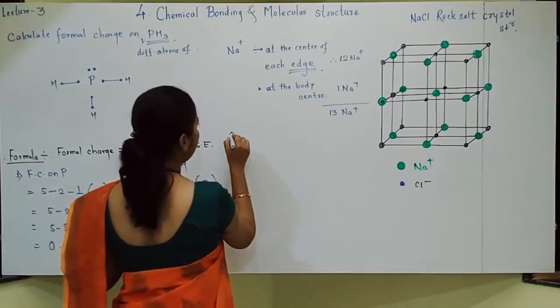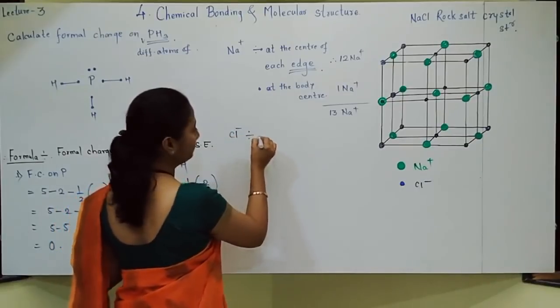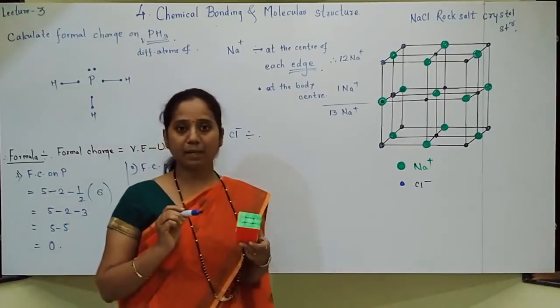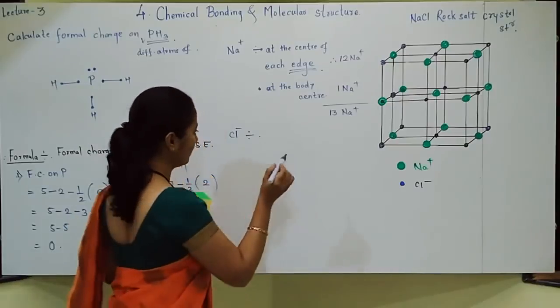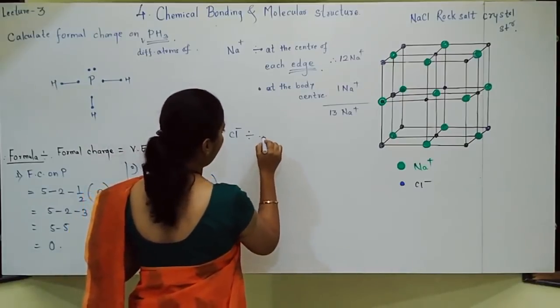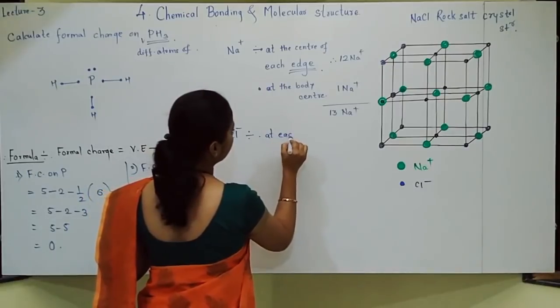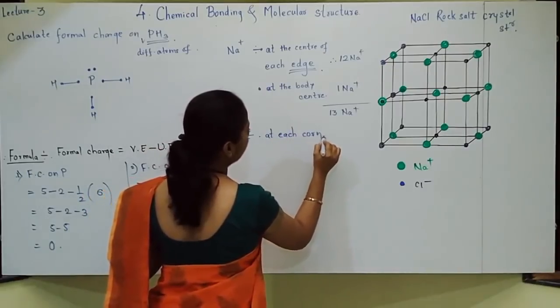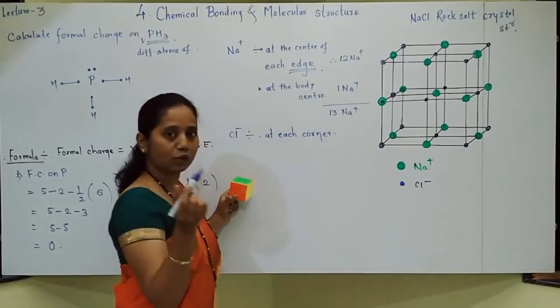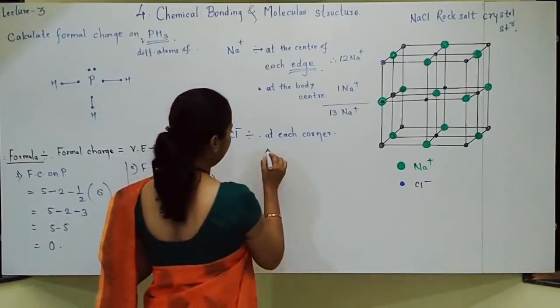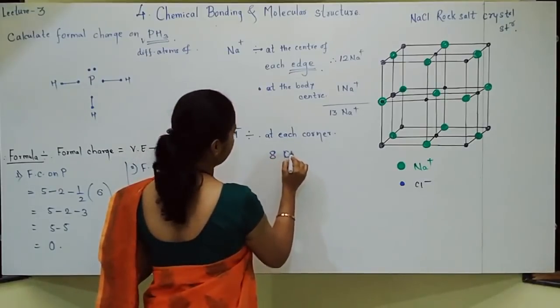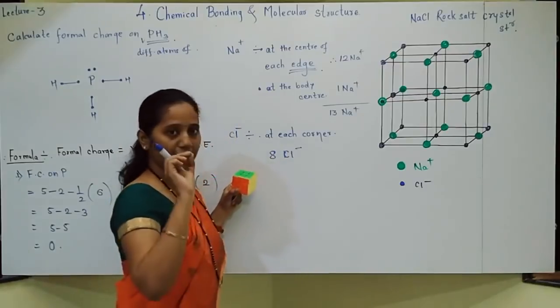Next, where are Cl minus? Cl minus ions are present at each corner. You know very well how many corners there are: 8 corners. So 8 Cl minus, one Cl minus at each corner.